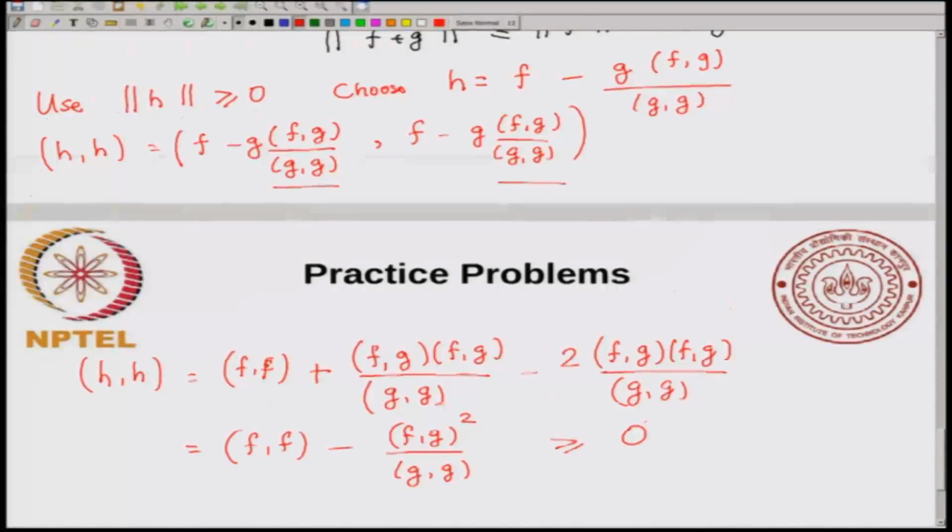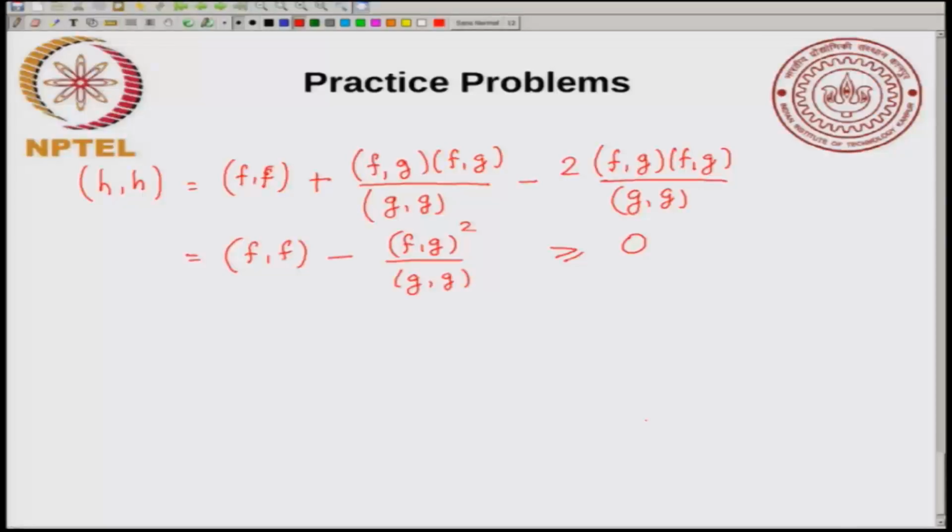That immediately implies (f, g) whole square is less than or equal to (f, f) times (g, g), and this is the Schwarz inequality. So we have proved the Schwarz inequality.